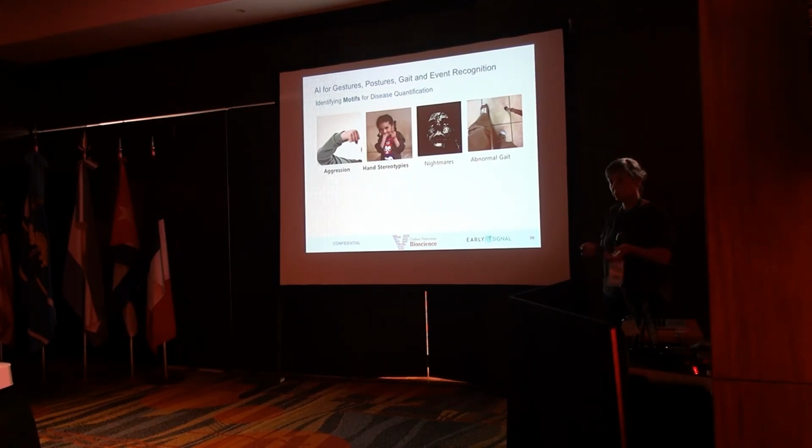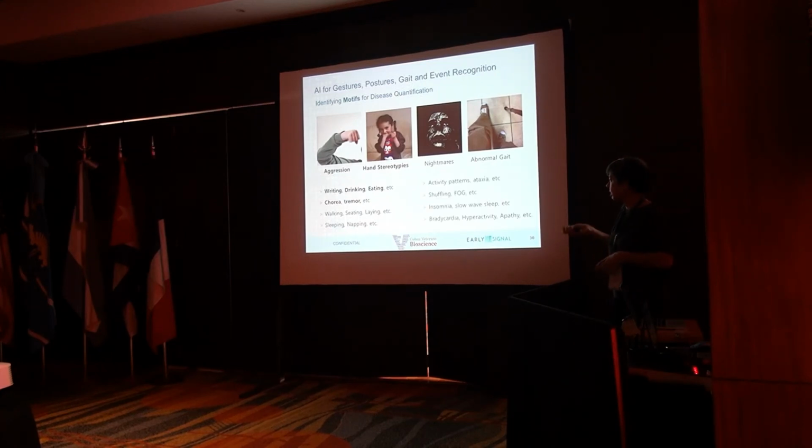Same for Huntington disease, Parkinson's disease, etc. Today I'm just going to show you something that we did for hands, gestures and stereotypies, but we are very interested in nightmares and gait. There are a bunch of things that we can do, things in bold I'm going to show you, but there are many other things that can be done.